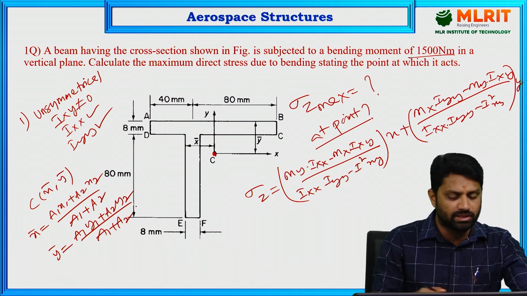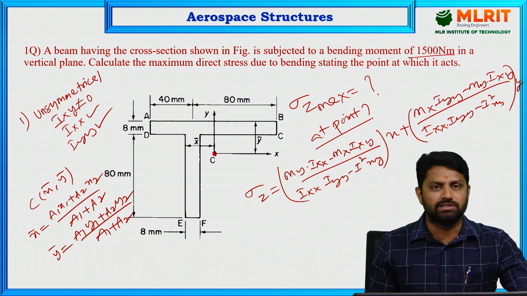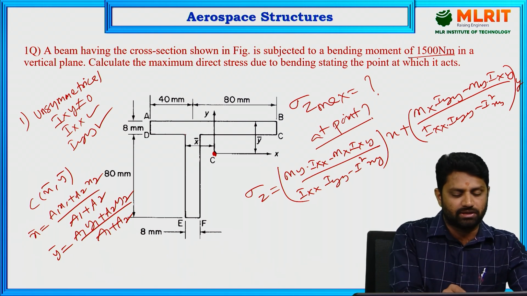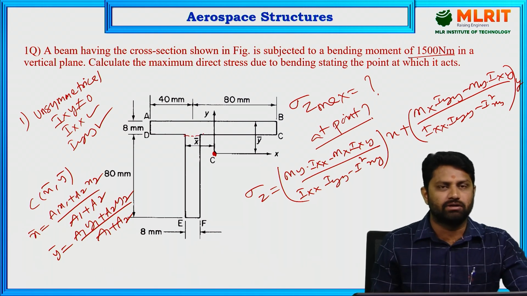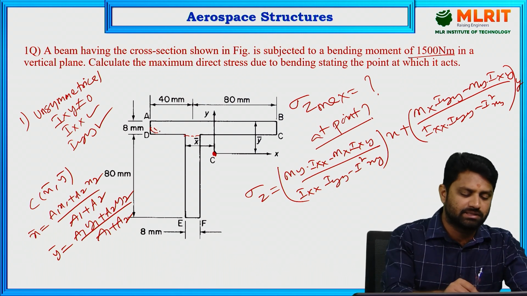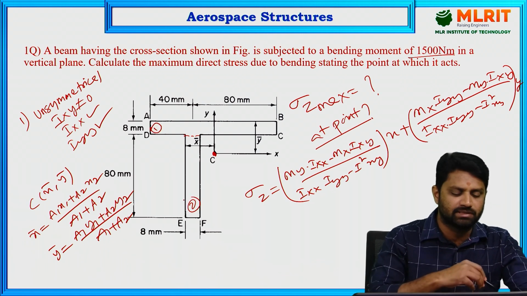You can do that by dividing this T section into two rectangles, and consider this as the first rectangle and this as the second rectangle.